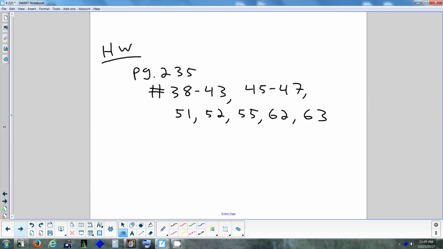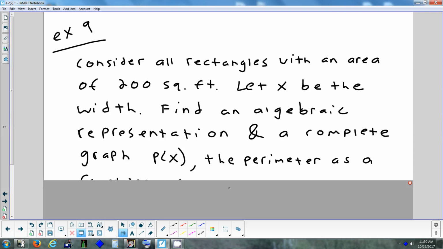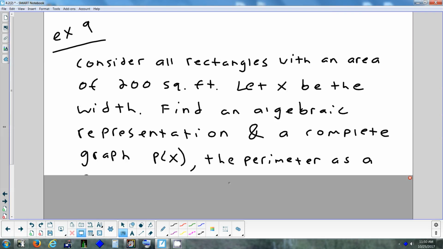All right, so last one. This says we're dealing with rectangles in this problem, and we're constrained to rectangles that have an area of 200. That's the only kind of rectangles we can use.